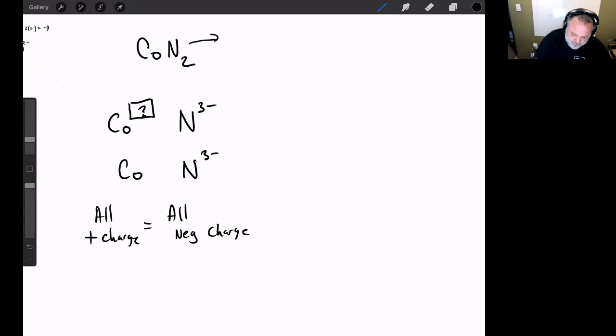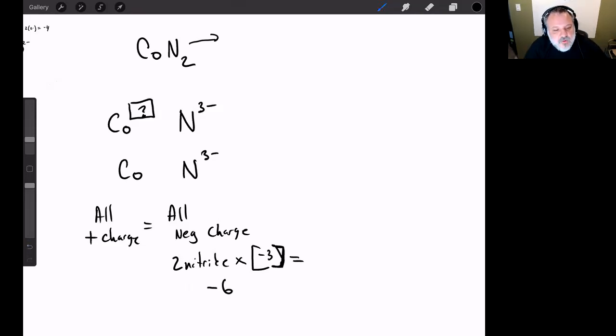If we have 2 nitrides times, what's the charge on nitride? We figured this out. It's -3. So then what's the total negative charge? -6. So then what does that mean that the total positive charge is? They have to be the same.